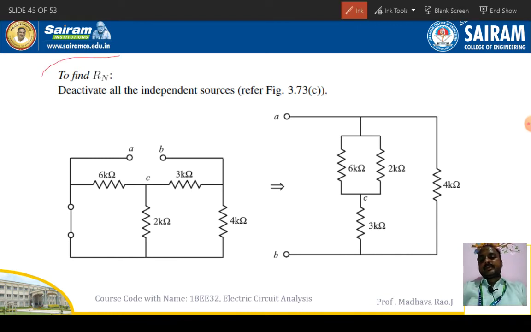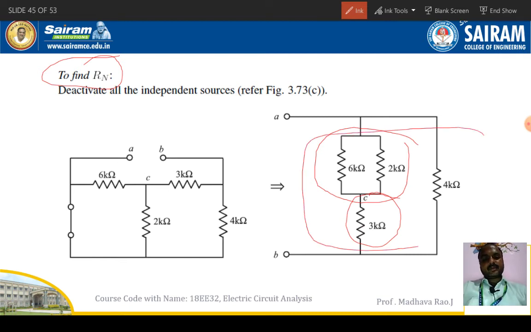For Thevenin's theorem and Norton's theorem, finding the equivalent circuit is similar. So current sources and voltage sources we have to remove, then 6 kilo ohm, 2 kilo ohm in parallel, with 3 kilo ohm, and the entire thing is parallel to 4 kilo ohm. So that resistor we have to remove.